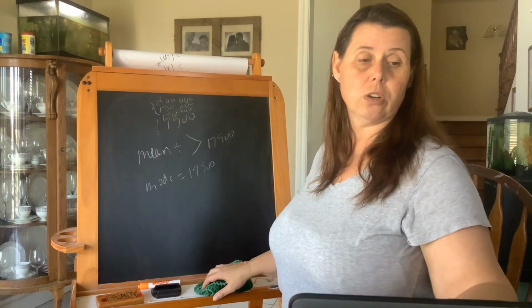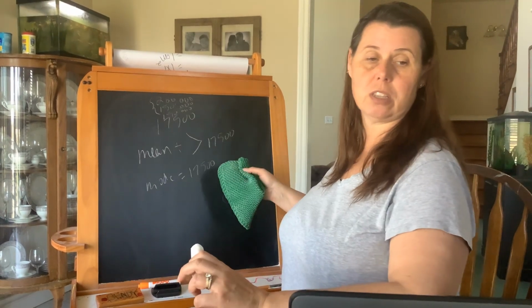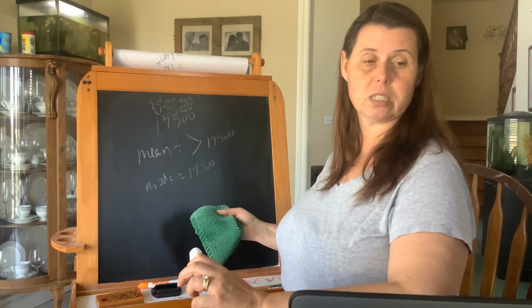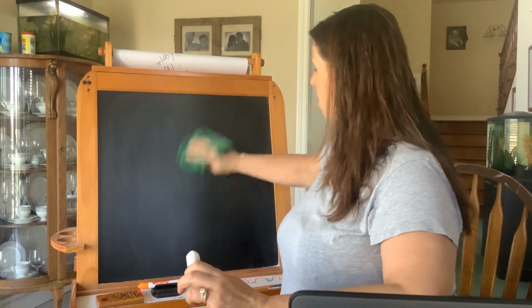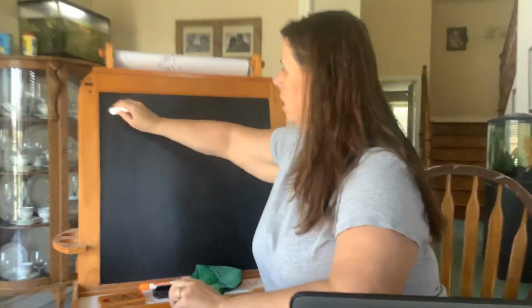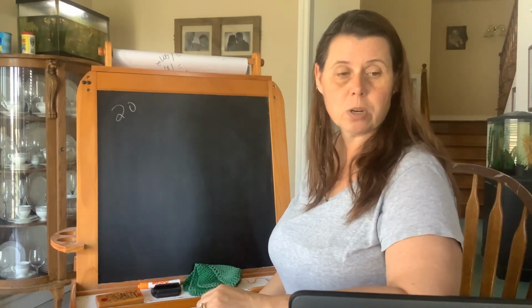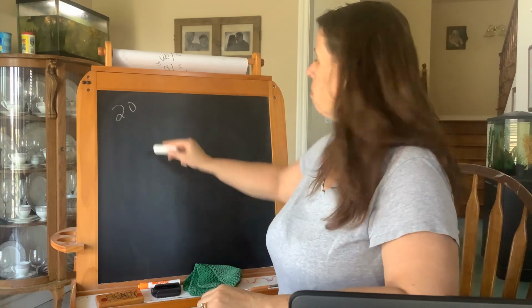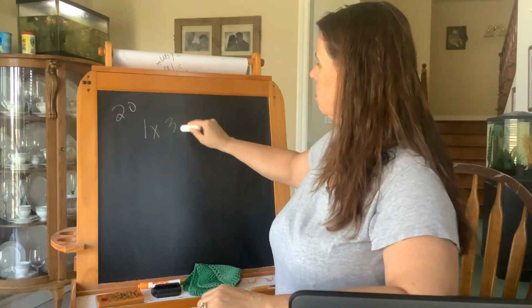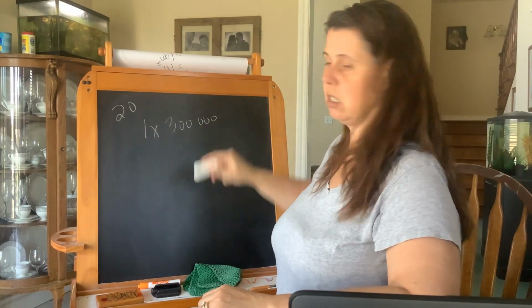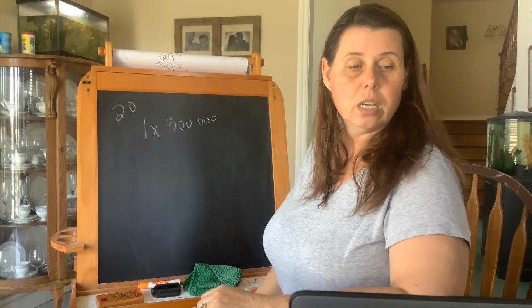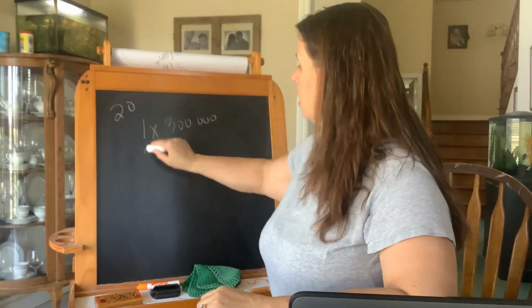Okay, so on to number 3. In a company, there are 20 employees. All right, so we're doing the same thing again. So I'm going to keep my 20 up here, just so I know that I'm going to have 20 pieces of data. One person has a salary of $300,000. So one earns $300,000. 2 earn $70,000.